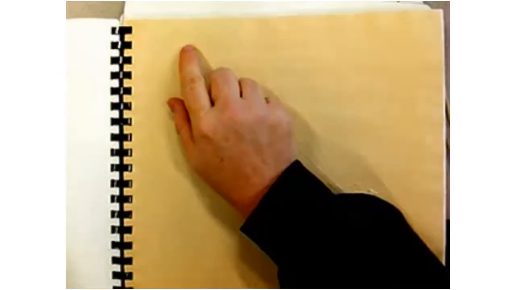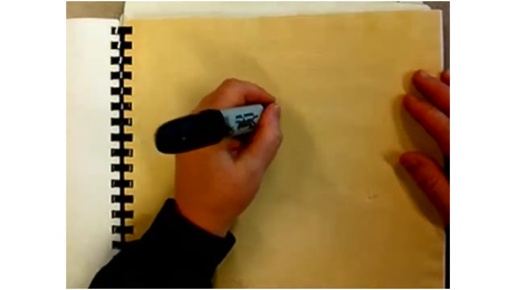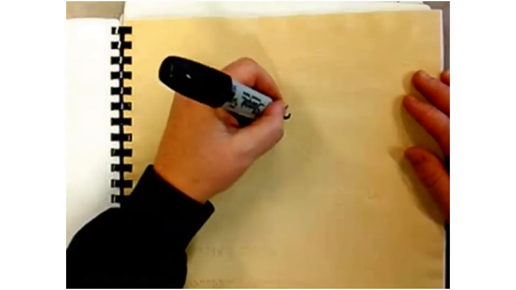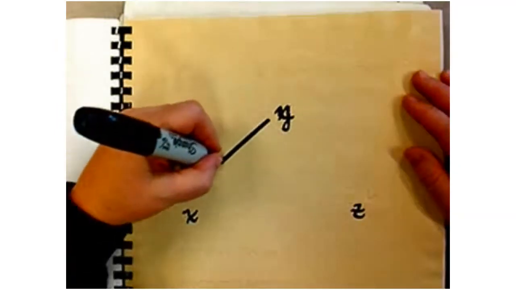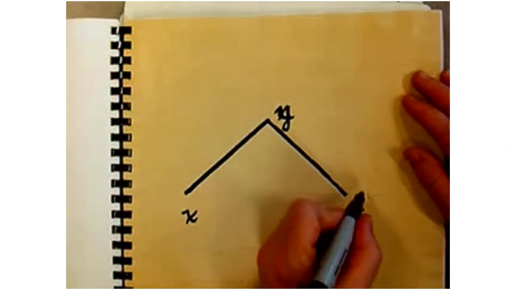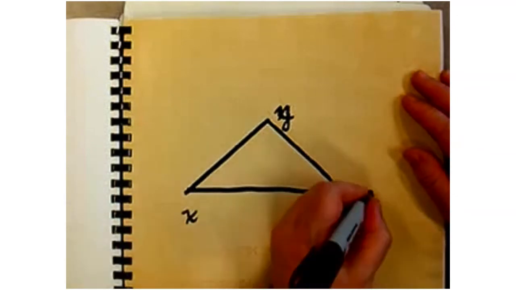And in words, it says the measure of an exterior angle of a triangle is equal to the sum of the measures of its two remote interior angles. And so it gives a model, has a triangle X, Y, and Z. Y is your top vertex, X is your bottom left, Z is your bottom right. They've extended the side XZ to the right with an arrowhead.